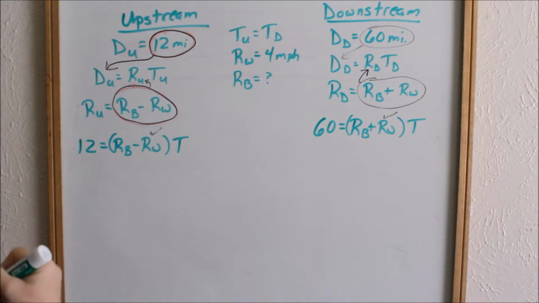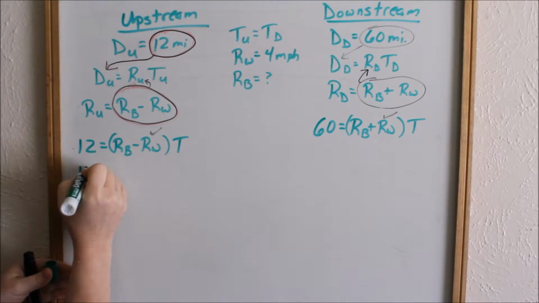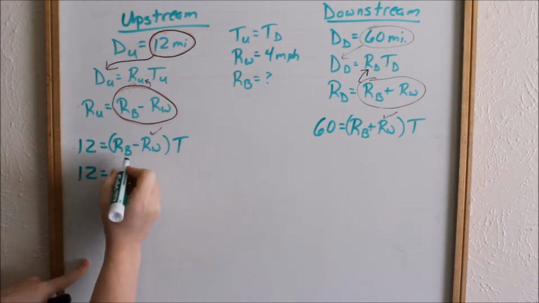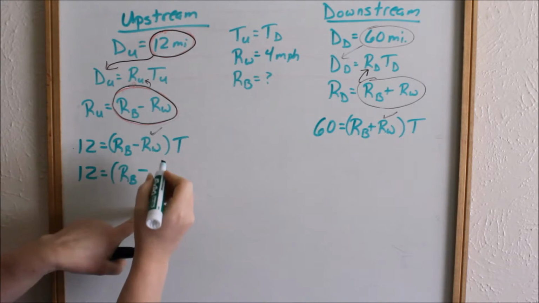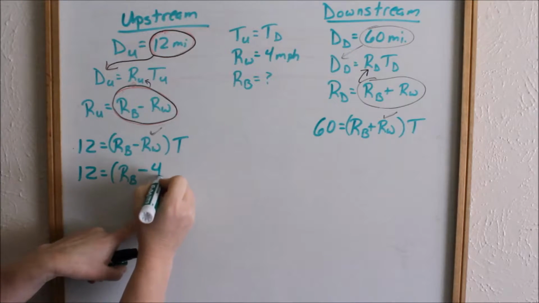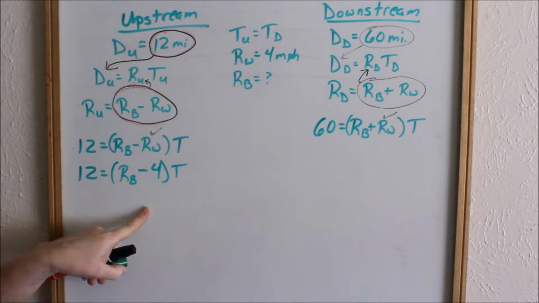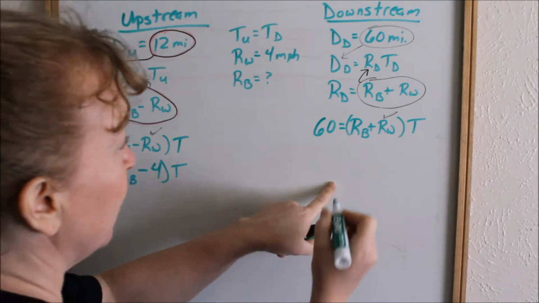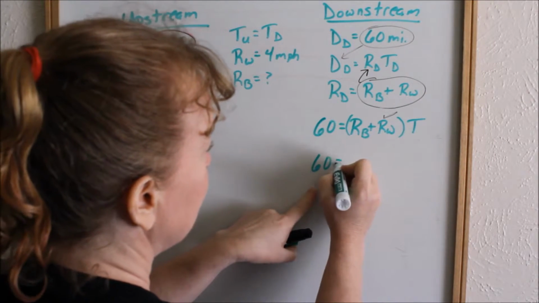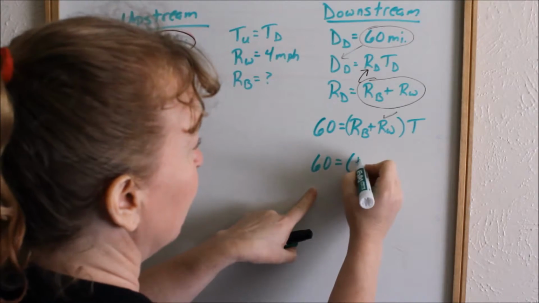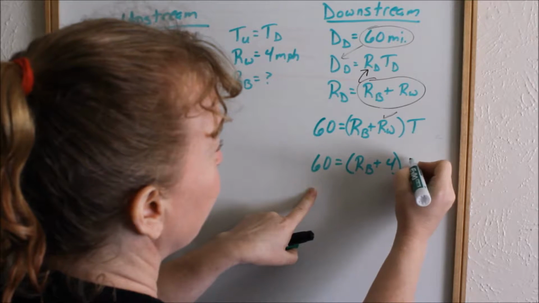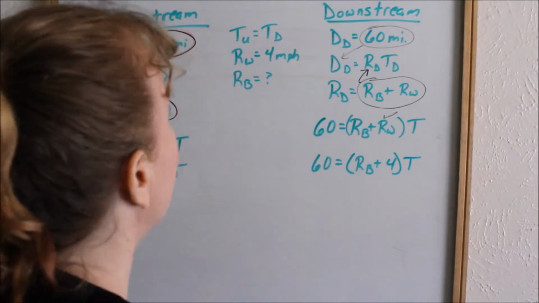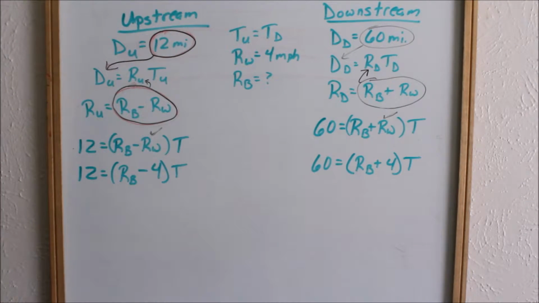So 12 equals, that was our distance, the rate of the boat minus, keep up with your signs, the rate of the water, 4 miles an hour, times our time. Over here in your downstream equation, 60 equals the rate of the boat plus the rate of the water, which is 4, times your time.